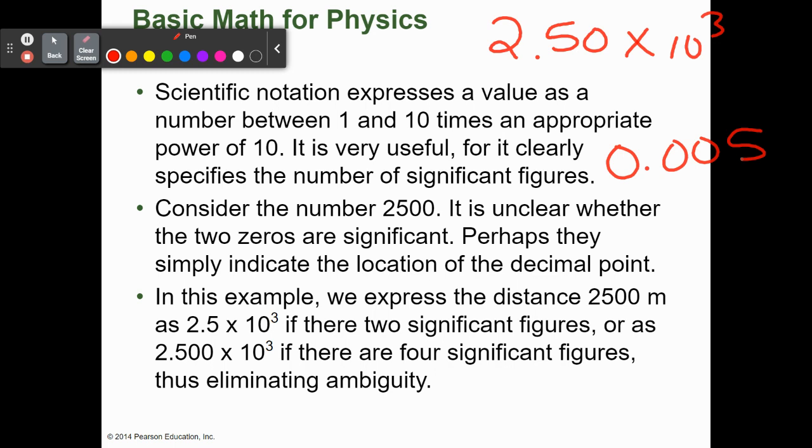And you have to indicate that you're measuring out to the hundredths place with certainty. So you can't just drop it off. So what if we had 2.500 times 10 to the third? How many significant figures would that be?